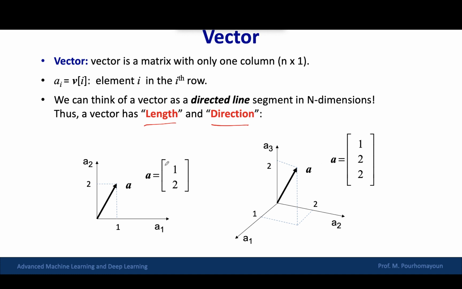So in data science and machine learning, you can consider a data sample as a vector, okay? And these axes are the features. So you can represent one data sample, for example, today, based on three different features of today.